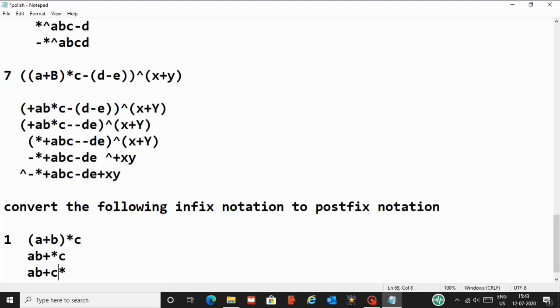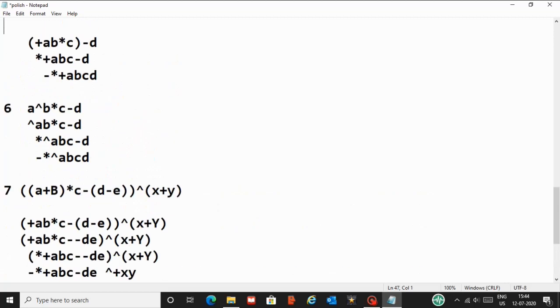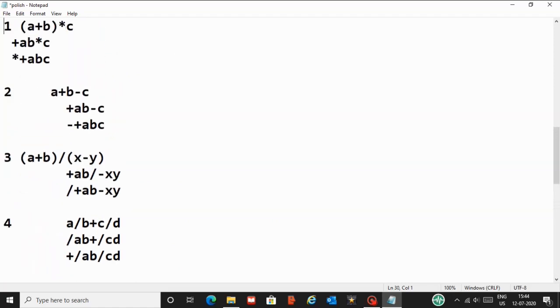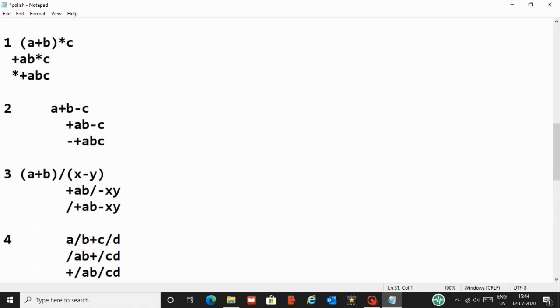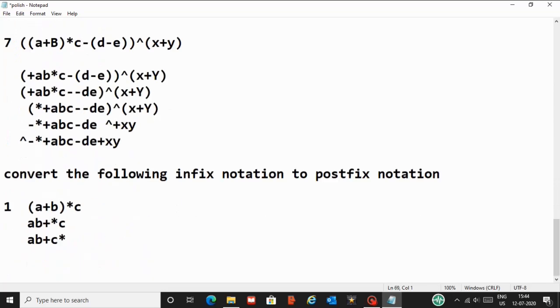This is the resultant postfix expression for the infix expression. See, we had the same expression. What was the prefix expression for that? The prefix expression for the same was star plus ABC, whereas the corresponding postfix expression is AB plus C star. Getting it? Please make a note.